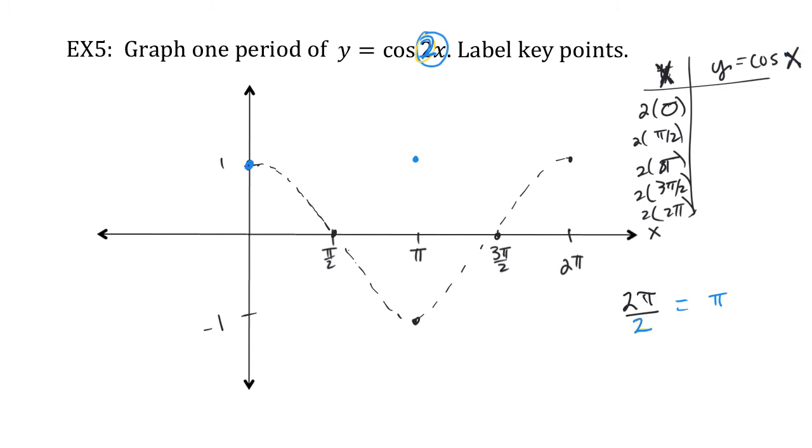Now we have to split it. You always want 4 segments in there to get those key points. So we go from the top to the midpoint, to the bottom, back to the middle, and up to the top again. Okay, so here is my new graph. And that would continue if we wanted to. Okay, so that compresses or expands the graph.